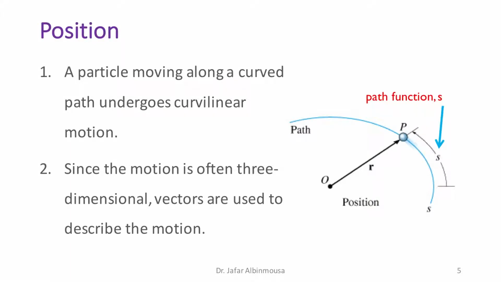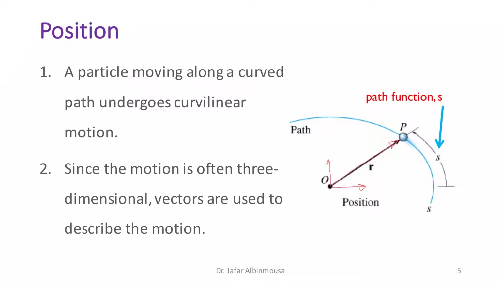Basically, we have a particle B moving along a curved path. Since the motion is often 3-dimensional, vectors are used to describe it. Here, we usually establish a coordinate system, take a point as the reference, like point O, and then construct a position vector pointing toward the particle.